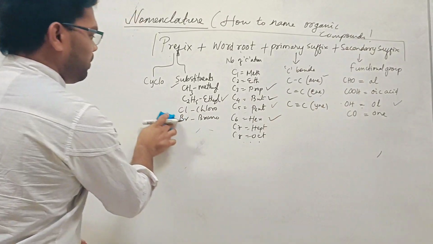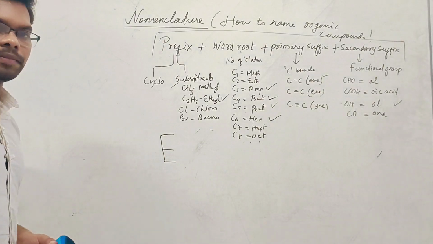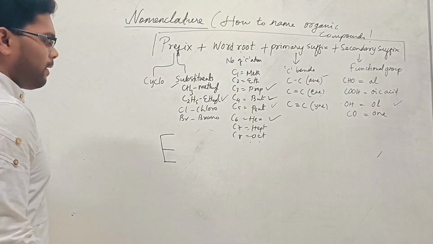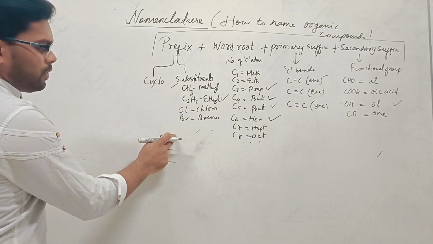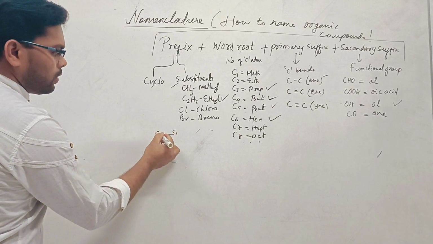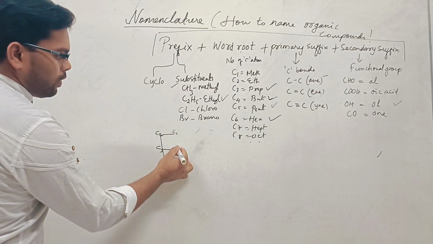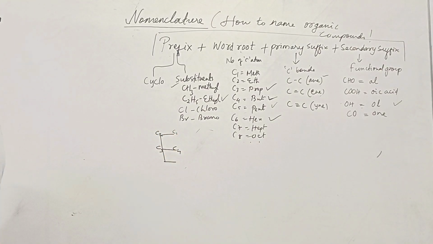Okay, who is going to name this compound? The letter E skeleton. Can you name E? Okay, so find the long carbon chain. This will be the first carbon, second, third. 1, 2, 3, 4. If you count only this part, then it will be fewer carbons.